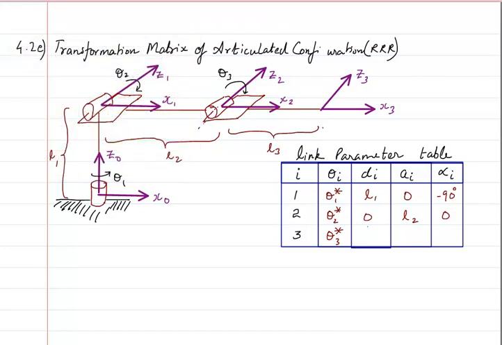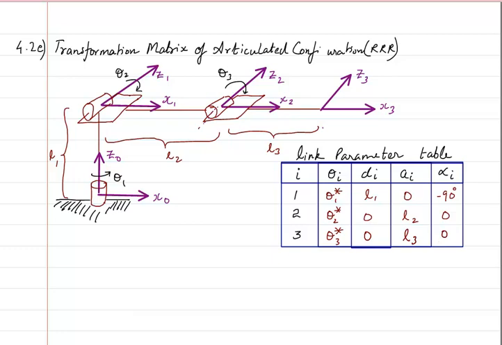Okay, so how much distance it has to move in the z direction, there is no need because it's already collinear, so it is 0. Next, how much it has to move in the x direction so that x2 and x3 overlap each other. That distance will be L3. And finally, z2 and z3 are overlapped, so this one again becomes 0.